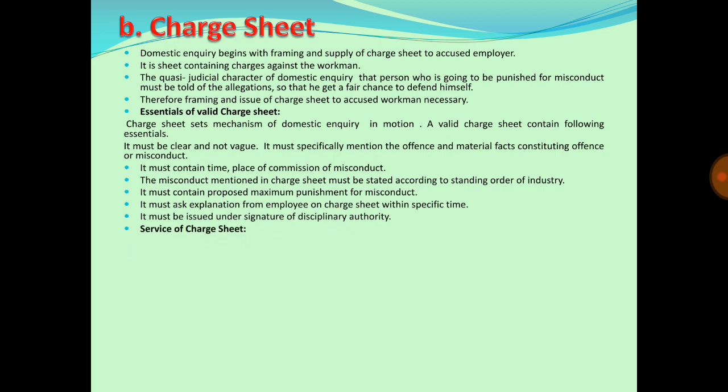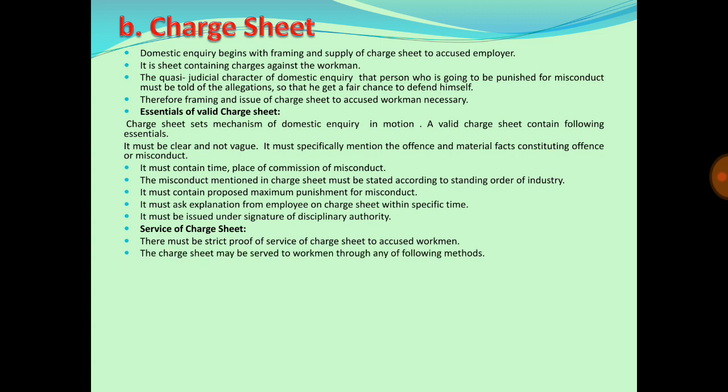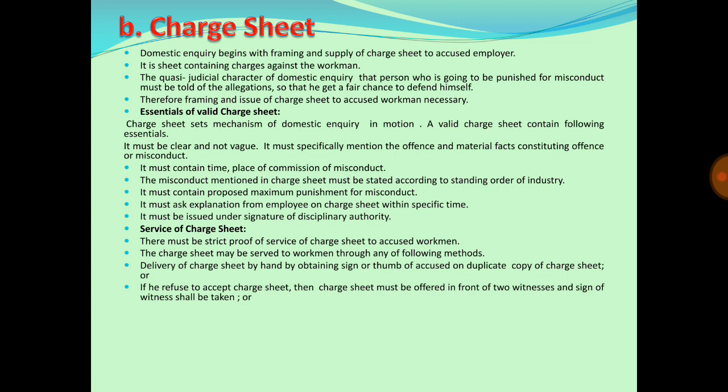Then another important thing in this stage is the service of the charge sheet. There must be strict proof of service of the charge sheet to the workman, the accused person. There are different methods, and the charge sheet may be served through any of the following. First is delivery of the charge sheet by hand, obtaining the acknowledgement of that workman.